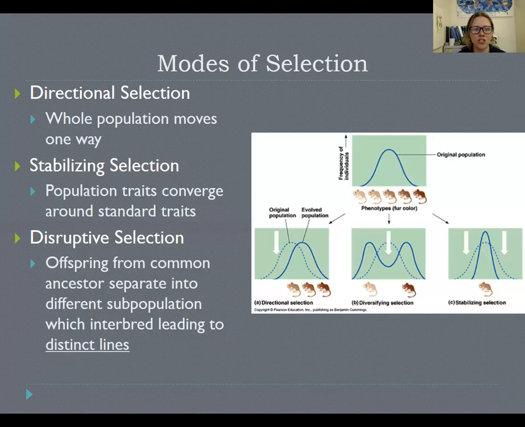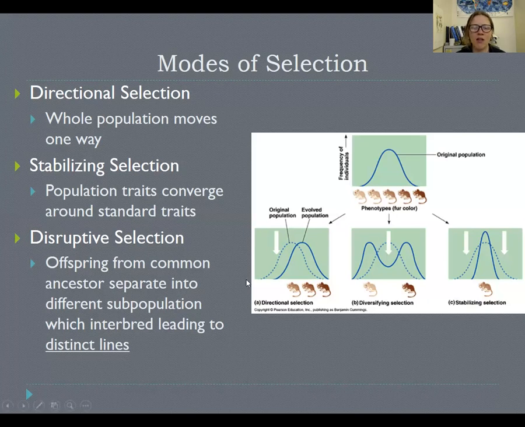In the case of directional selection, there's some sort of pressure in the environment that is causing organisms that have one particular trait within the population to do poorly, while the other side of the population that has a slightly different trait is doing better.